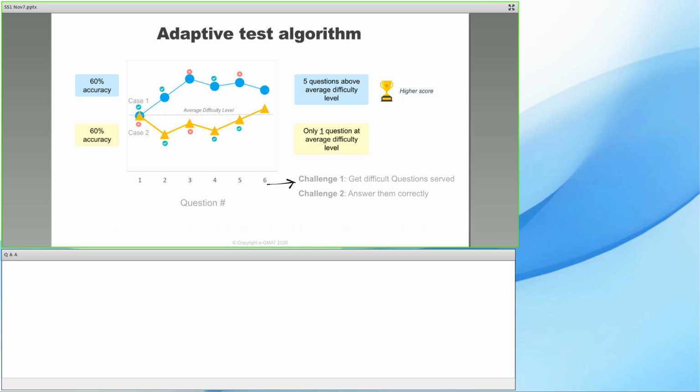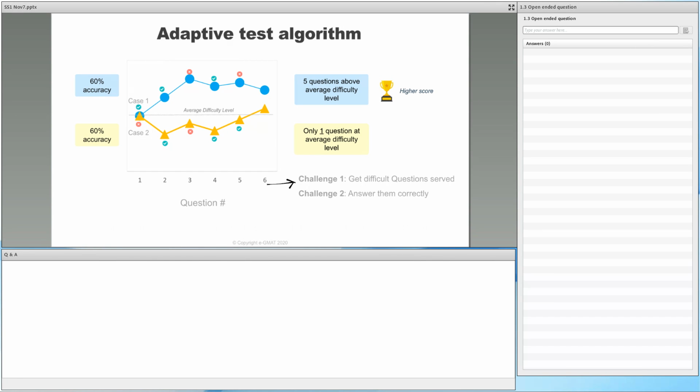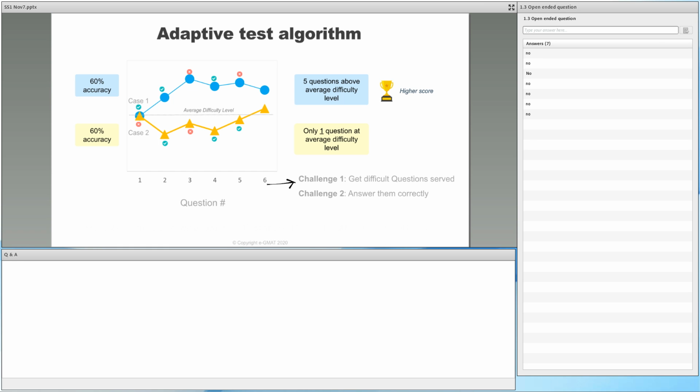Beyond the first question, did the test even serve difficult questions to him? Only the first one. The last one we are not considering. Remember, we are just closing the test over here. So let's not worry about that last question. But yes, question number 6 is what was above the average difficulty level. But barring that, he did not.